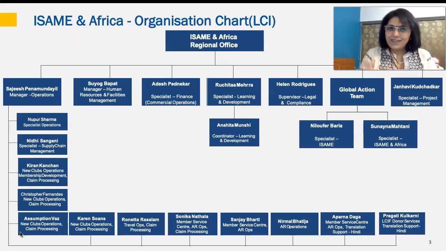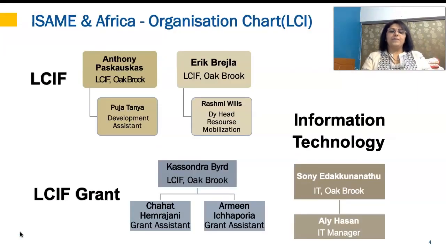I will help you put a face to a name. So the next time that you call an office for some work, you would probably have an idea of what that person looks like. And that always helps. We also have the Lions Clubs Foundation Department, the Grant Department, and of course the Information Technology Department.